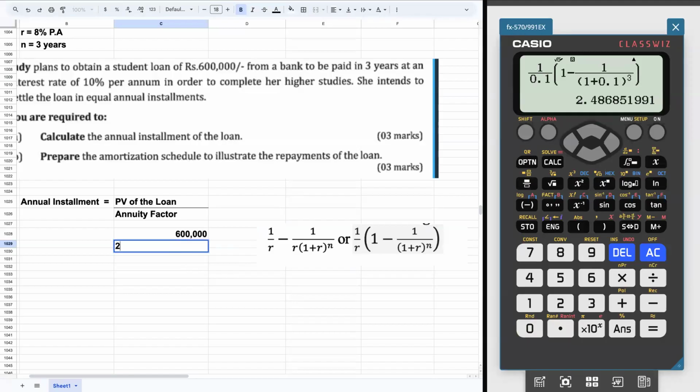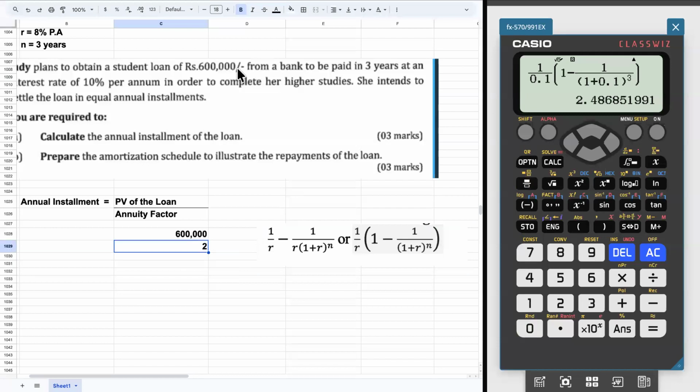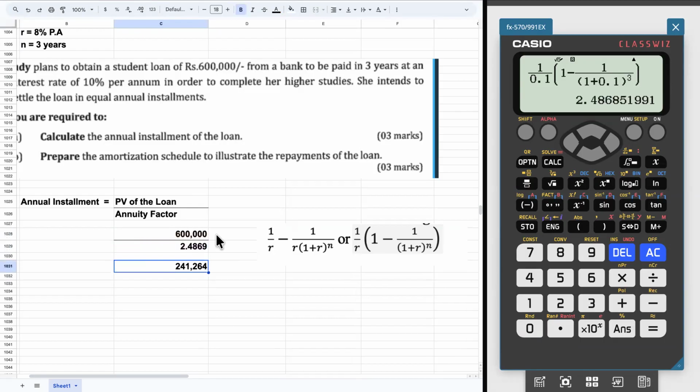We can round it off to 2.48685, so we can take it as a 9. Then you will get the annual installment, and we can round it off to 241,264. This is going to be your annual installment.